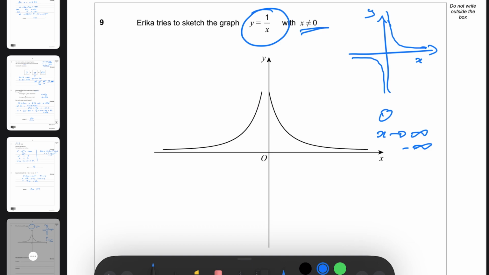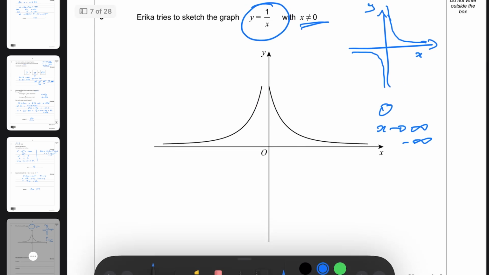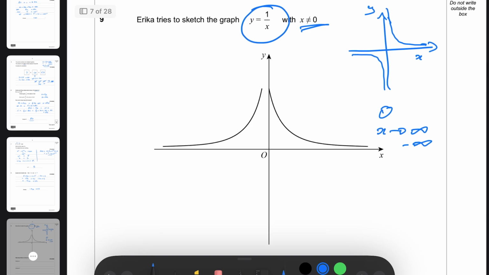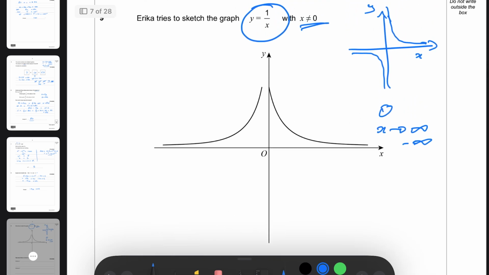Or you can ask your teacher for better tactics. I'm just trying to do this rather quickly. So y equals 1 over x. For the 2 criticisms, we can see that she has drawn a value on the graph for x equals 0, which is not defined, and it's not possible.